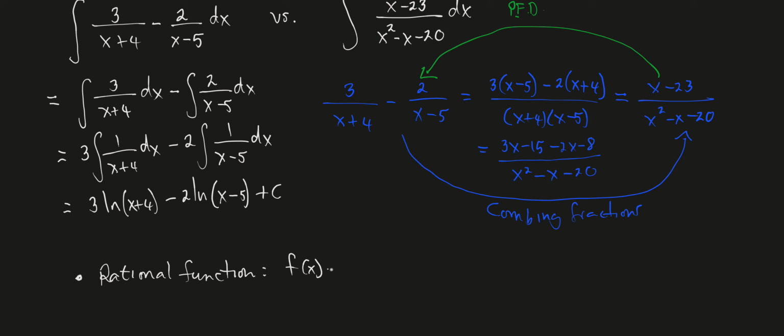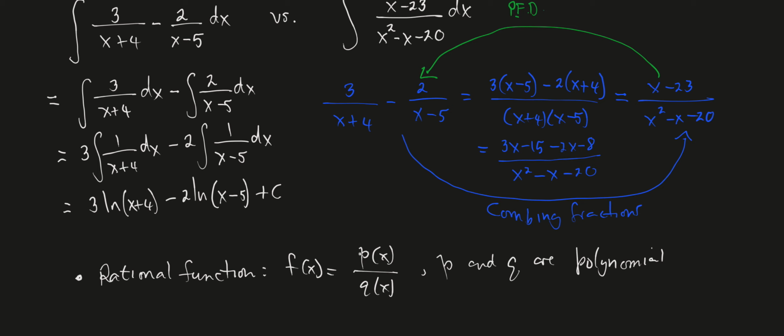Well, it's any function of this form, p of x over q of x, where p and q are polynomials. I'm assuming we know what the definition of a polynomial is, and a rational function is when you divide two polynomials.